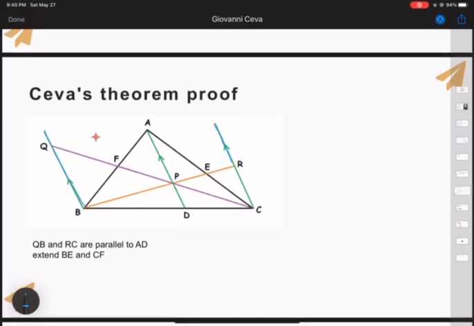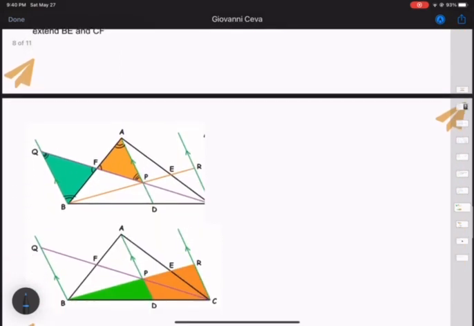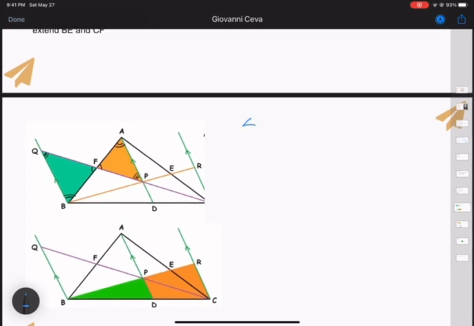Here we draw lines QB and RC, which are parallel to line AD, and we extend line CF to Q and extend line BE to R. Then triangle QBF and triangle FAP are two similar triangles because they have a shared angle, and also angle Q equals angle FPA, and angle QBF equals angle FAP.